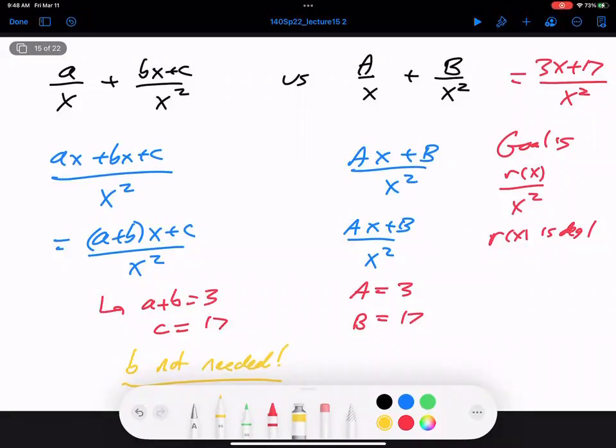This is more, are you willing to be like an engineer or an economist and just accept that the math works? And just when you actually go ahead and do it, it just works every single time. It's nice to know why it works so that you know it will keep working. But every problem you use this method on, it will work. And so if you don't put in the b over there, you're never going to see a problem where there will be trouble.